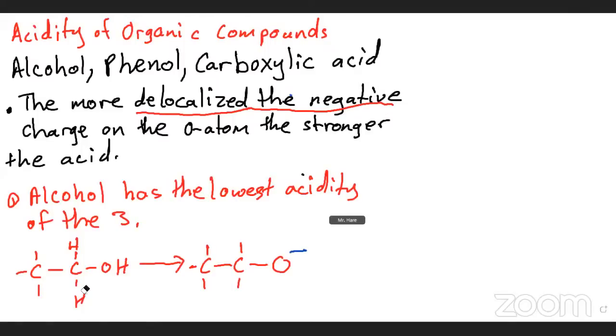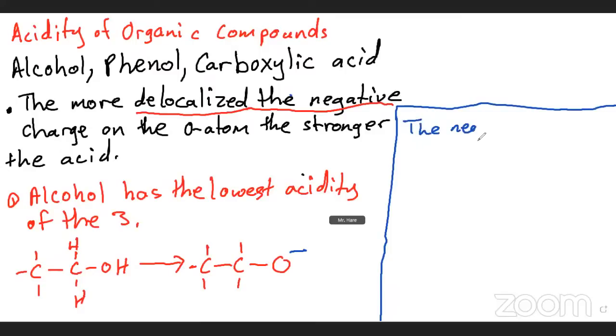You need to explain why one is stronger. To explain for an alcohol, this is what you will say. This is why alcohol is going to be the weakest one. So the negative charge stays on the oxygen.